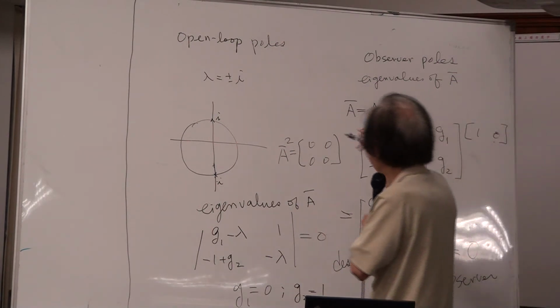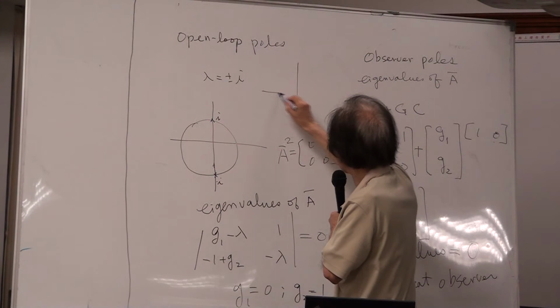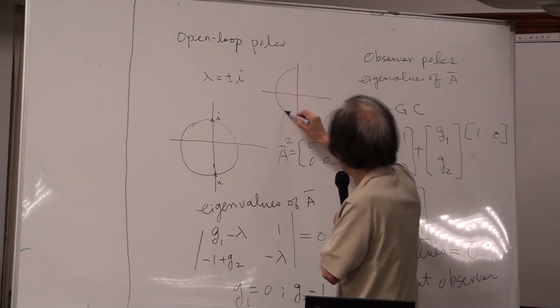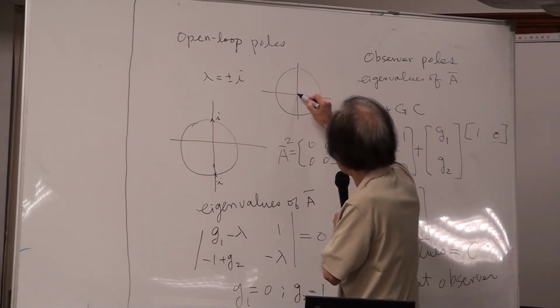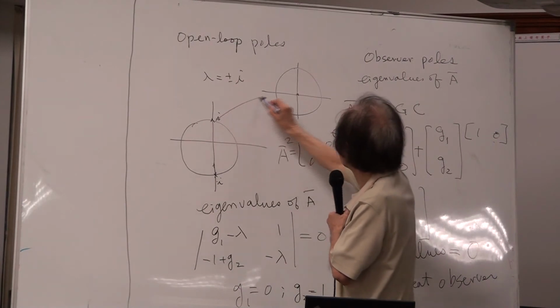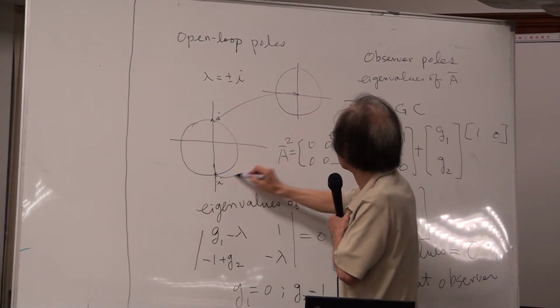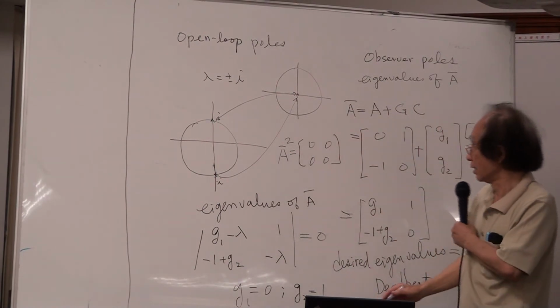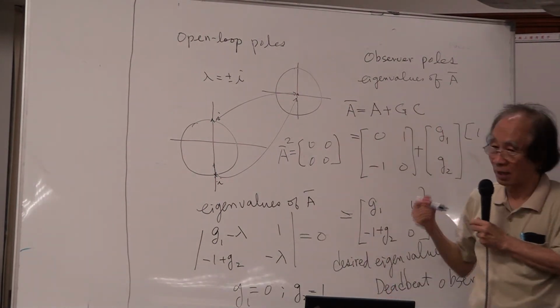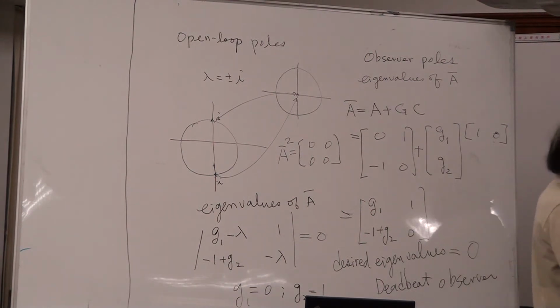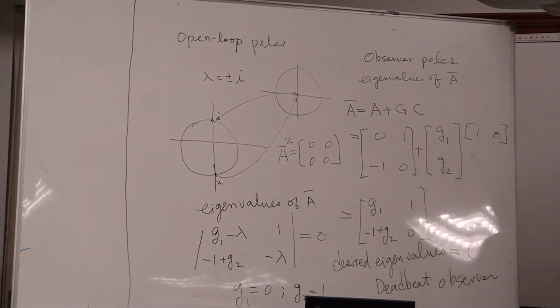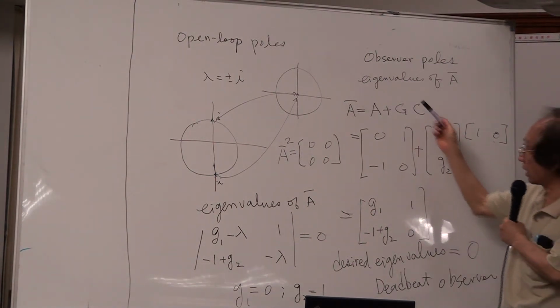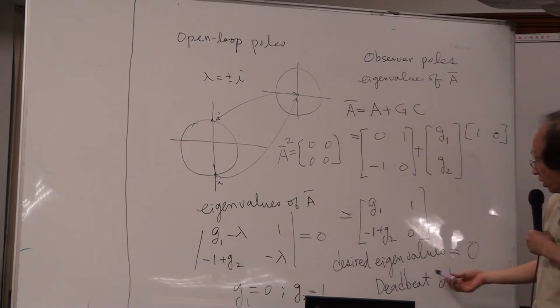Move from here to there, and from here also to there. That is step B, observer. Step B observer means observer eigenvalues are all 0, 0.